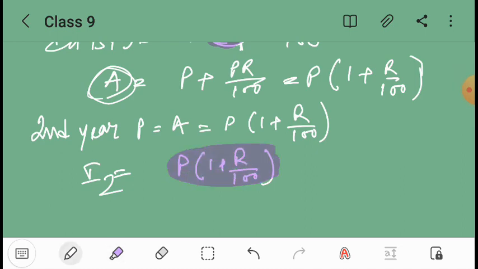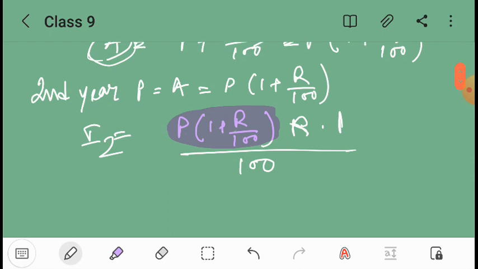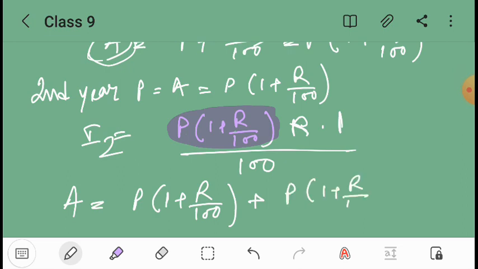Now with capital R, and time 1 year, divided by 100. Again the amount will be this whole P, that is P into 1 plus R by 100, plus P into 1 plus R by 100 into R divided by 100.